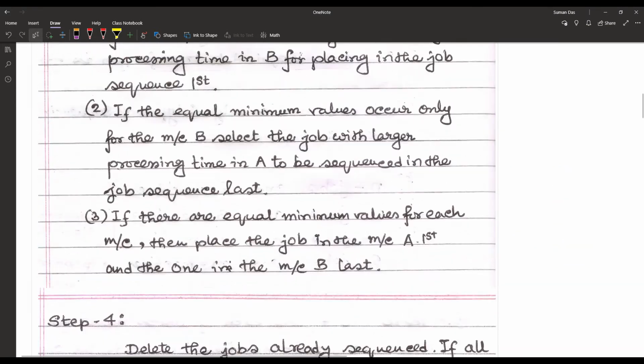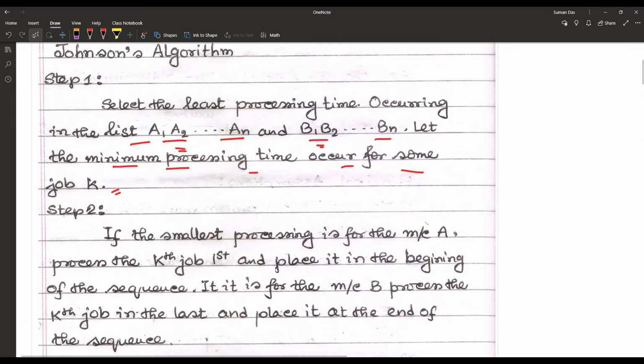If we proceed to the first step, it says select the least processing time occurring in the list of A1 to AN and B1 to BN. Let the minimum processing time occur for some job K. In step 2, if the smallest processing time is for machine A, process the kth job first and place it at the beginning of the sequence.